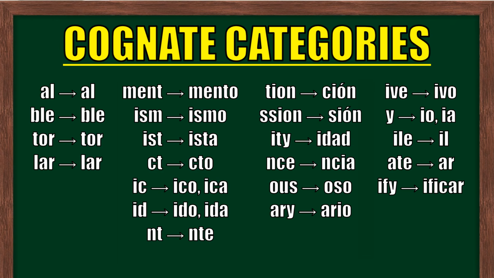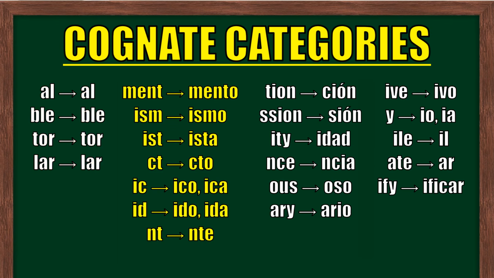These are the categories of cognates between English and Spanish. First, we have the categories that don't change at all. If a word in English ends in AL, BLE, TOR, or LAR, it is usually spelled exactly the same in Spanish. And then you just have to give it a Spanish pronunciation.